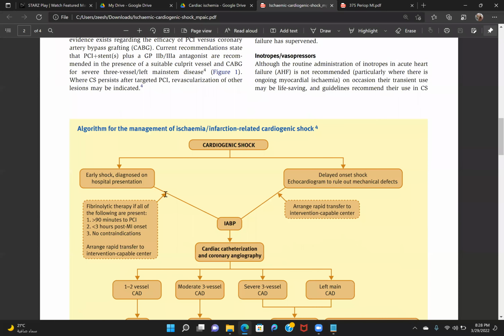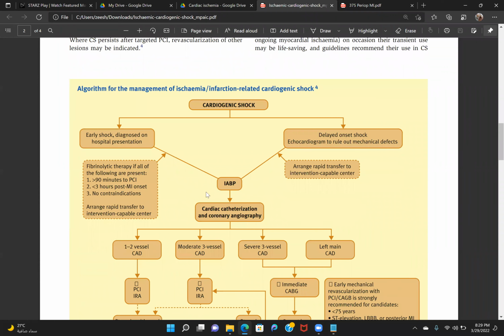You should be knowing these numbers, which are there in the acute coronary syndrome algorithm of the American Heart Association as well, that you try to have PCI or fibrinolytic therapy at the earliest possible time.